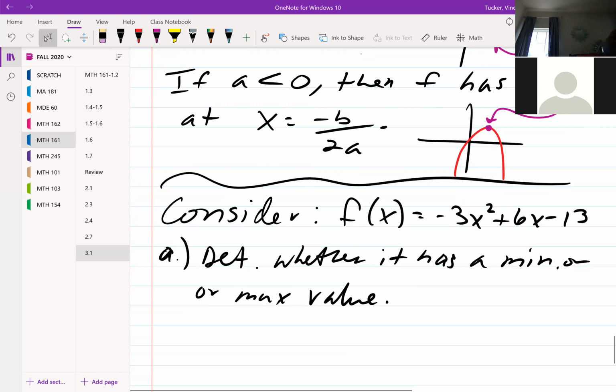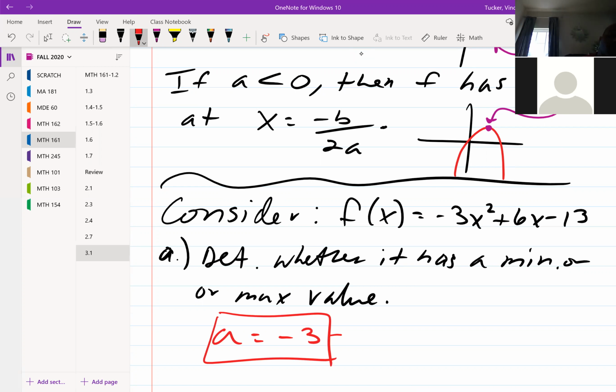All right, so consider this function, negative 3x squared plus 6x minus 13. Determine whether it has a minimum or maximum without graphing. First of all, we recognize a is equal to negative 3.